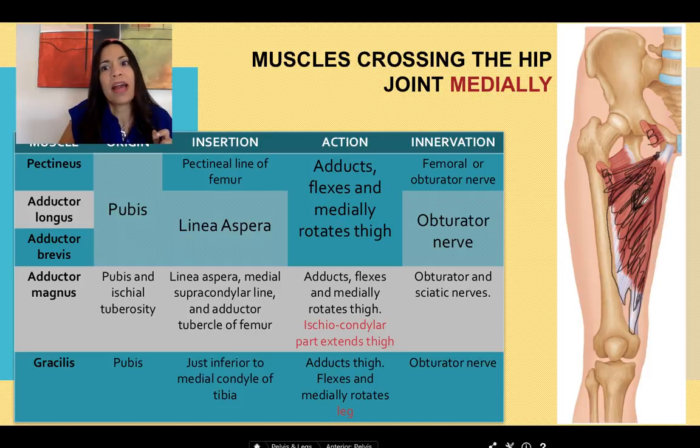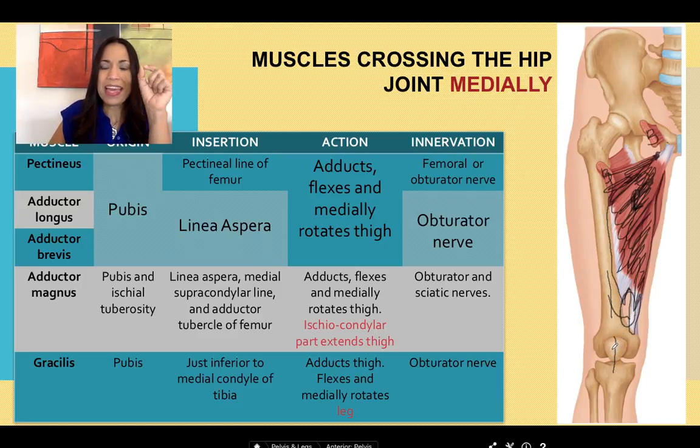That's why it's called magnus. And it leaves this opening in here that we call the adductor hiatus, and it is where, as we will see in the lecture, the femoral artery passes from anterior to posterior to go behind the knee as the popliteal artery.